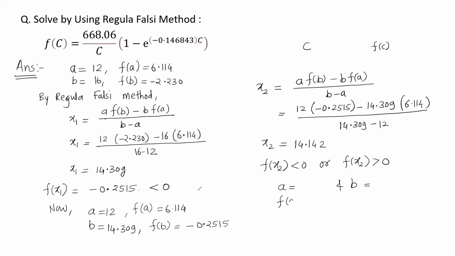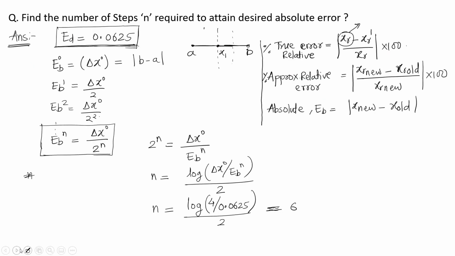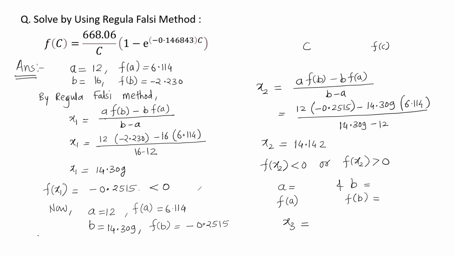Calculate f of a, f of b, and again use the formula for the next approximation of the root. And as we saw in the last example, stop the iteration when the approximate error is reduced to some given threshold. Stop the method, and this is your best approximation for the root.